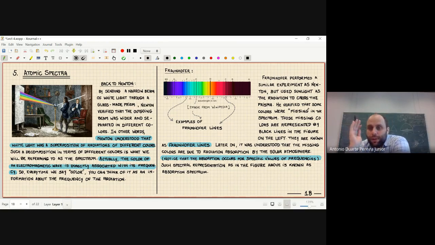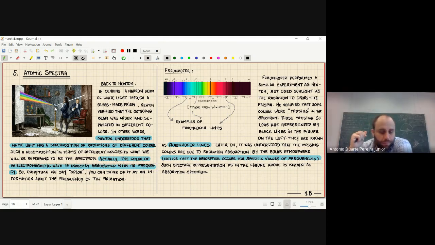Now there is a second experiment that was made. Okay, can we use another prism to get the... Okay, so you see that if you focus all these beams towards a prism, then you're going to see the opposite picture.